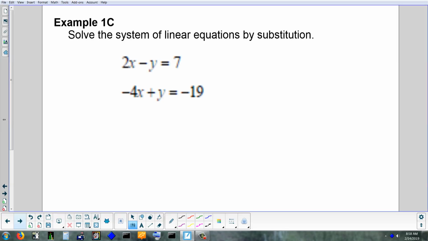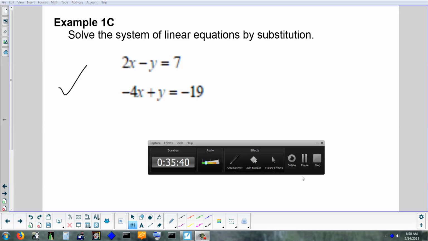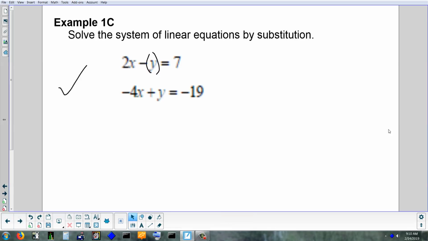In this case, we have a single in both, but we want to make sure we pick the positive one that we don't have to divide at the end. So Joe just told us we're going to rearrange the bottom one. So go ahead right now, rearrange the bottom one, and plug it in. Because you're going to end up getting Y by itself. So it's going to be plugged in up here.